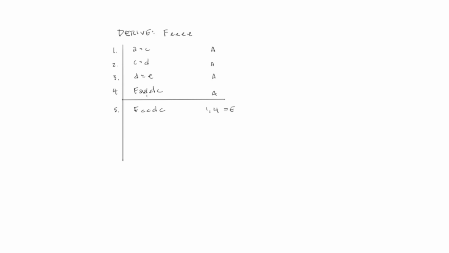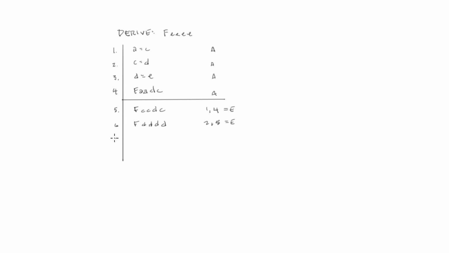So we took 2 A's out of line 4 and replaced them with C because line 1 says A equals C. On line 6, we take these 3 C's and replace them with D. So that will give us F, D, D, D, D from 2 and 5 identity elimination.